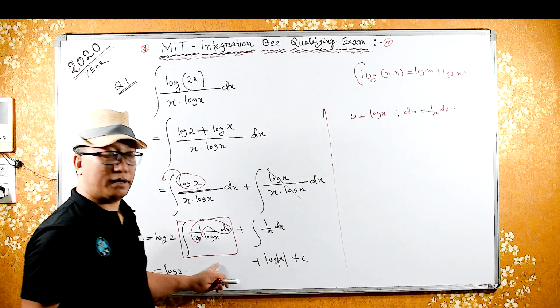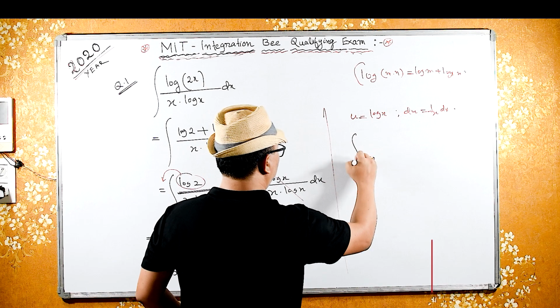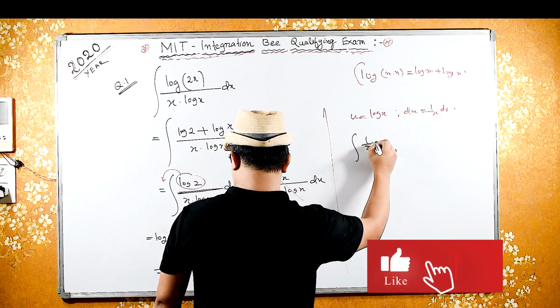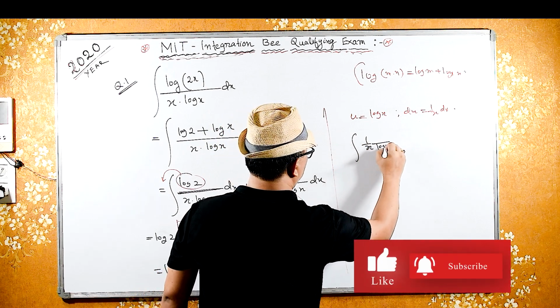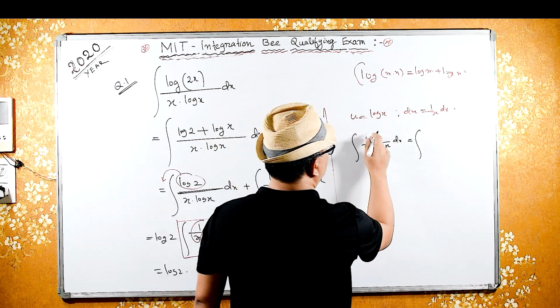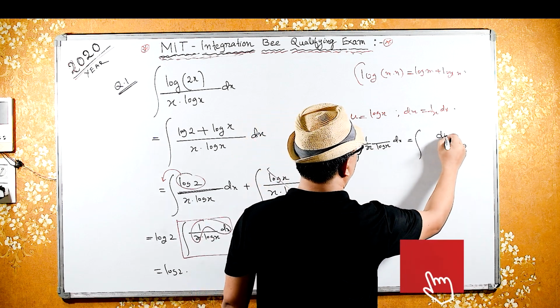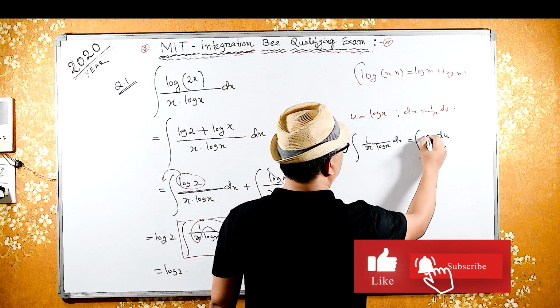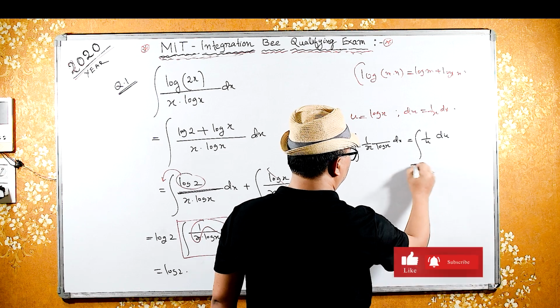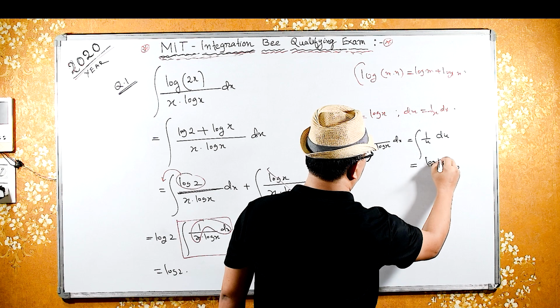I am solving this integral separately, and then I will substitute over here. Integral of 1 by x log x dx becomes, by substituting, du, and this becomes 1 by u. Therefore the integration of 1 by u is log of u plus c.